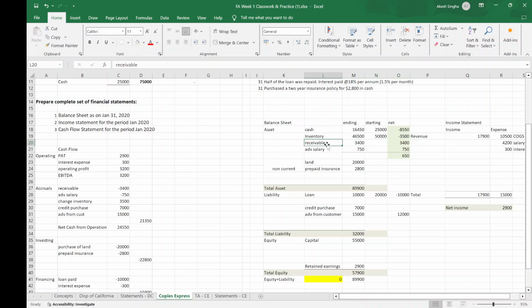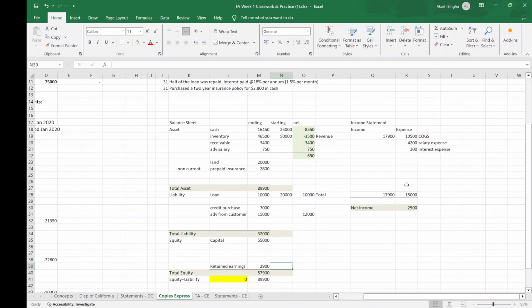I took receivable and advance salary, but I didn't take inventory. So you have to take all of these changes in cash flow. Okay then, bye. I'll do the other two in different videos.